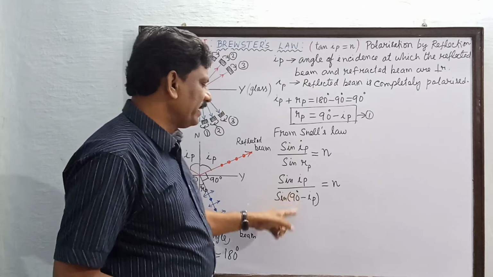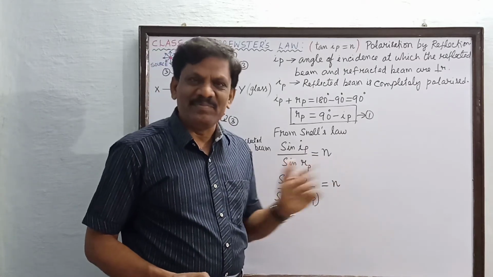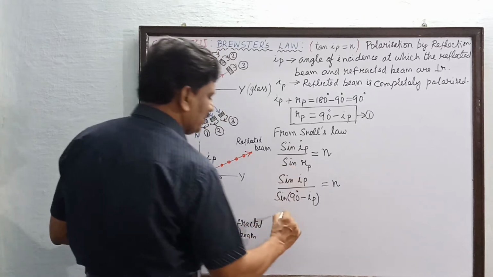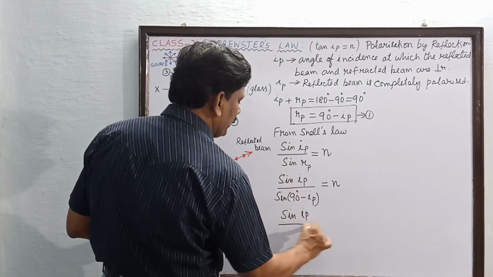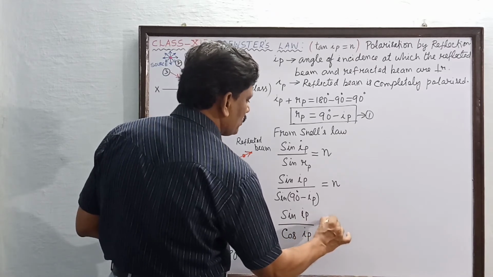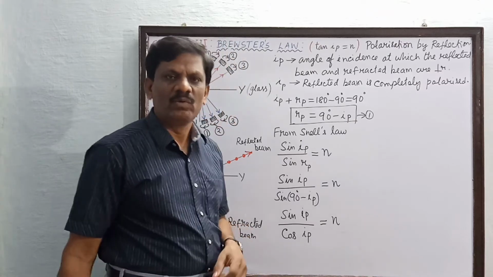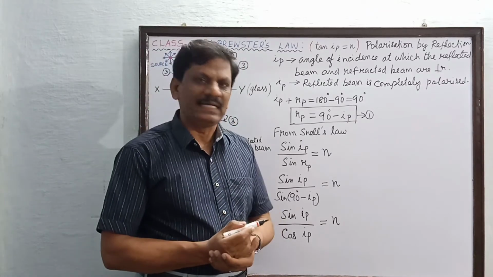So, sine of 90 minus IP is cos IP. So, sine IP divided by cos IP is equal to N. Sine theta by cos theta is equal to tan theta.